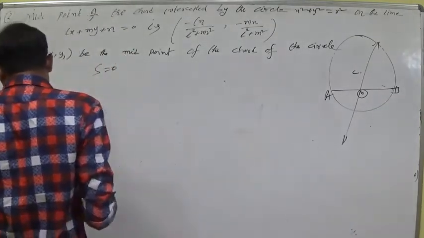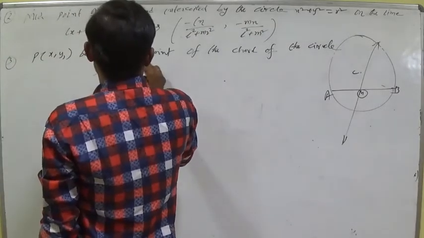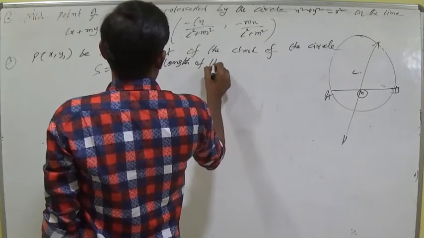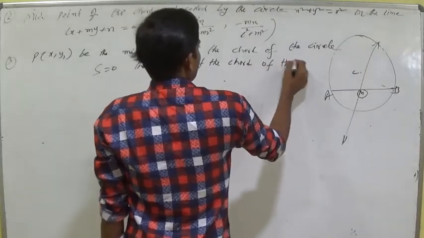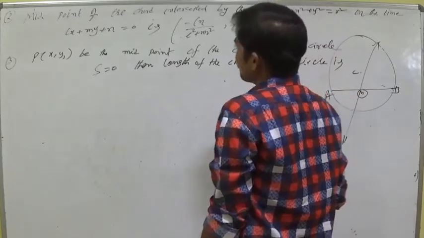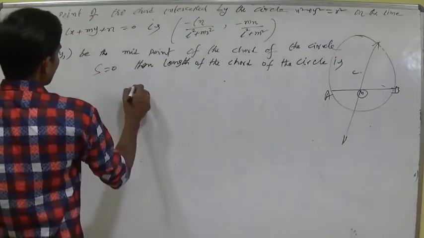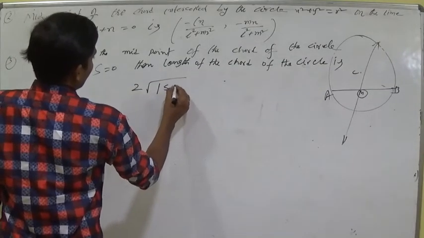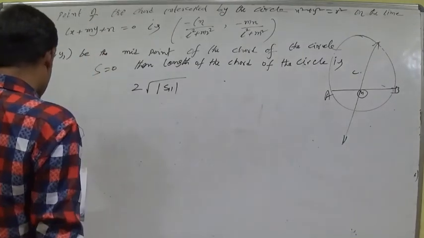Then the length of the chord of the circle is 2 root S11, that is 2 root modulus of S11, right? Length of the chord, that is.